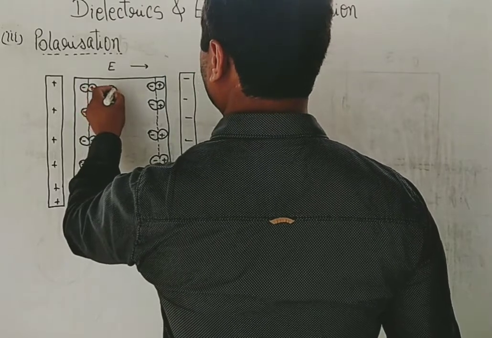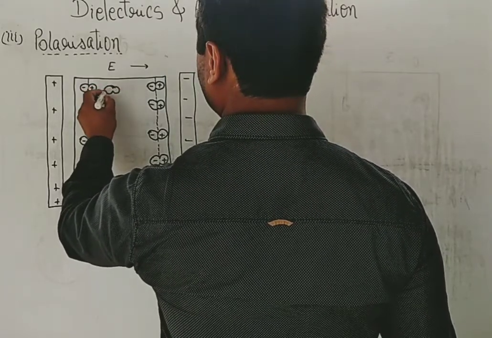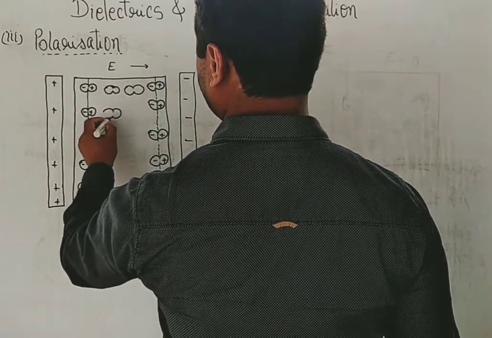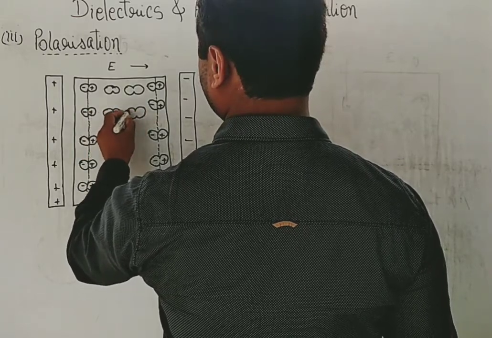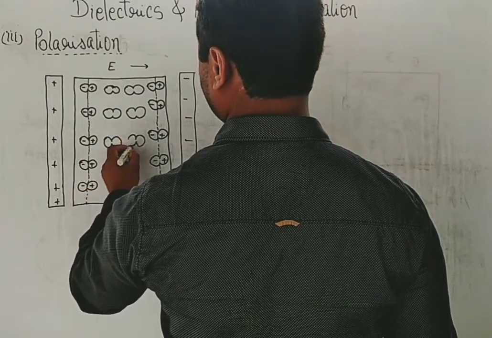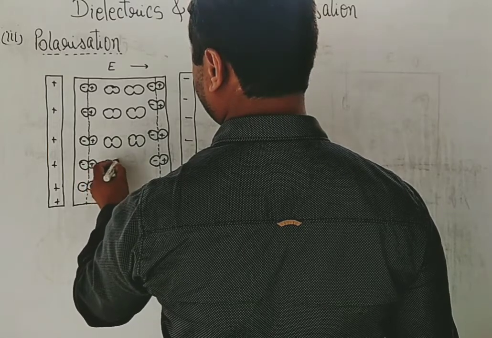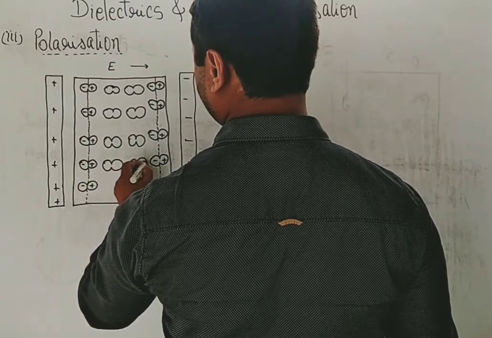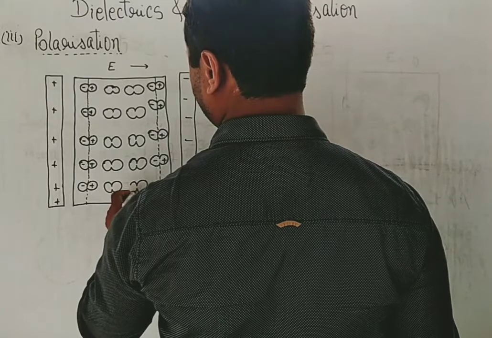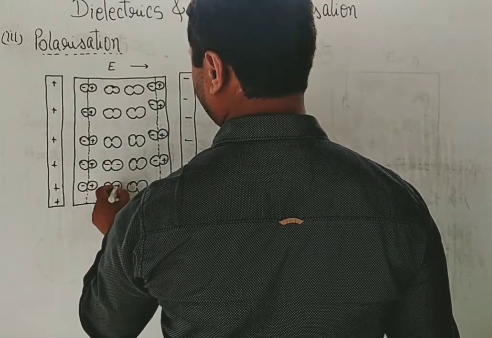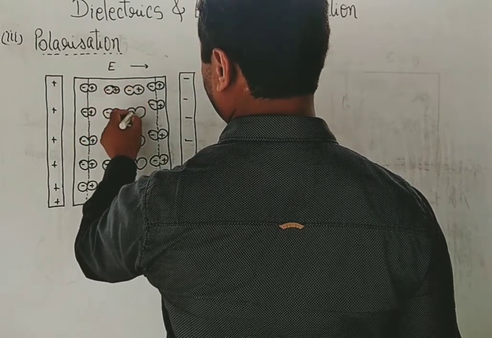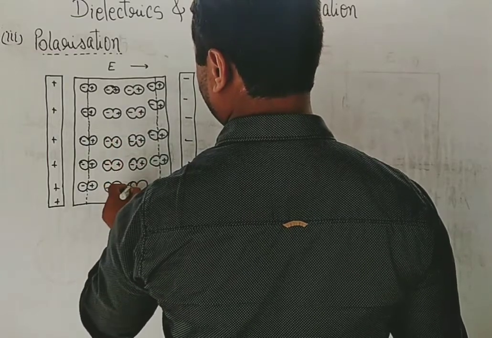Now within this I must also draw the same picture like this, negative, positive, negative, positive, repeated across the slab.